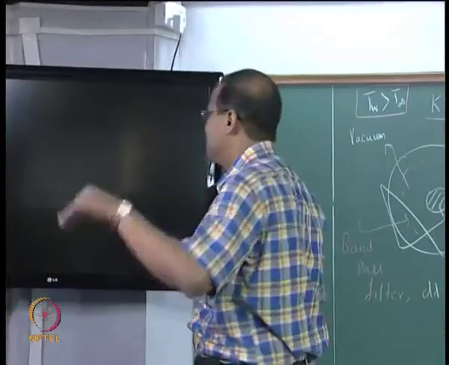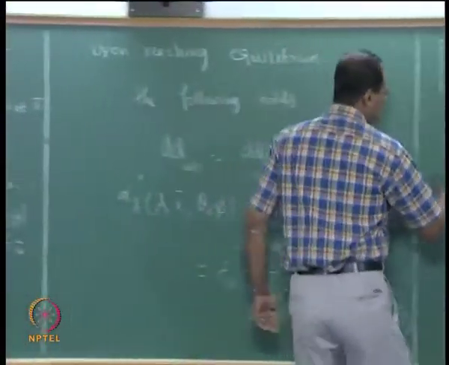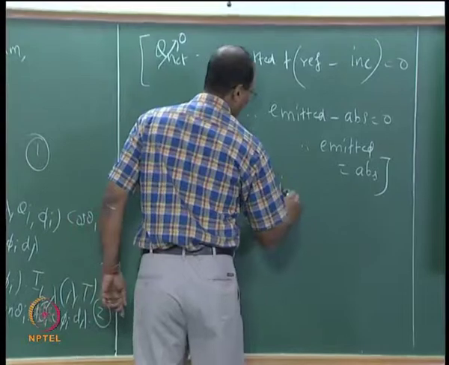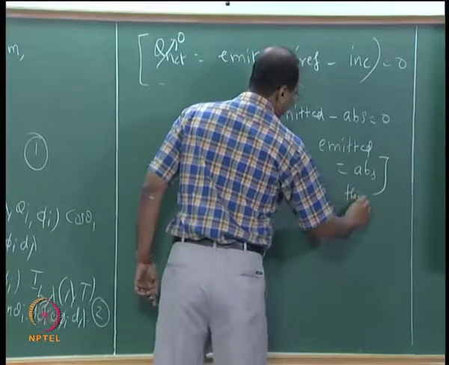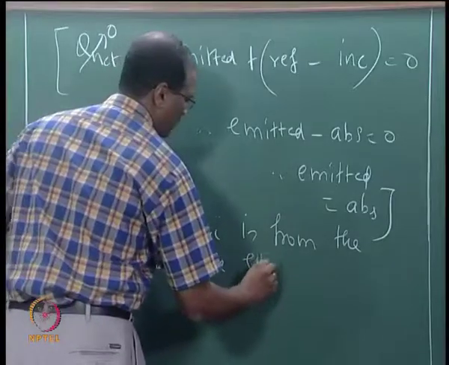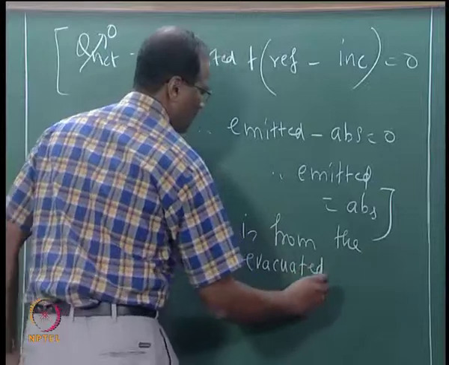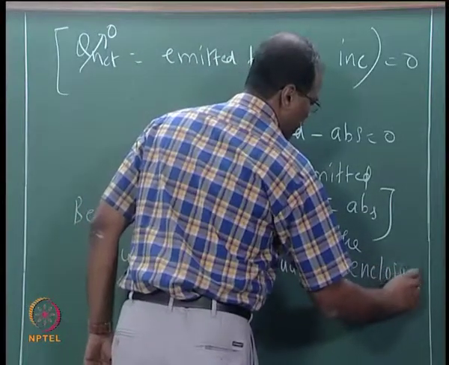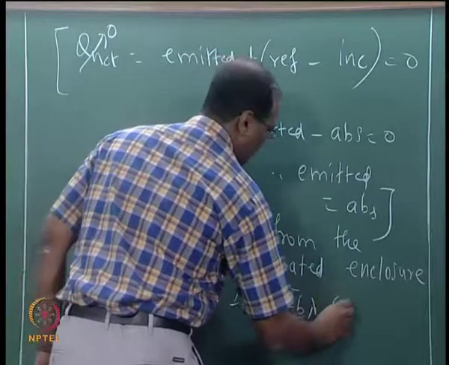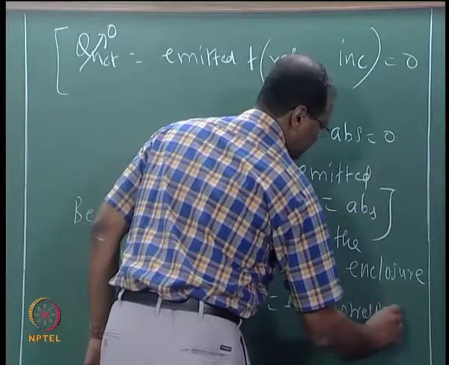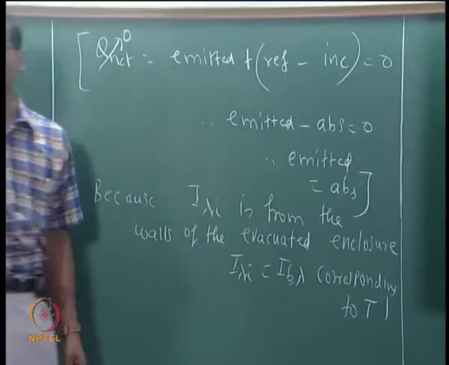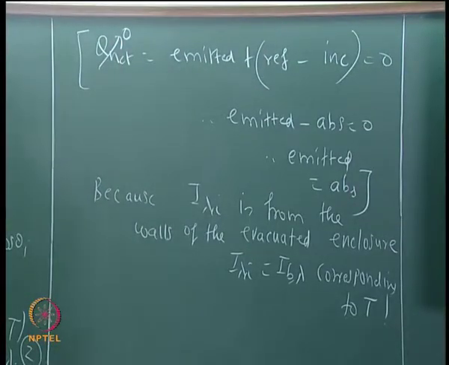So I lambda I is actually IB lambda because, therefore I can now cancel.